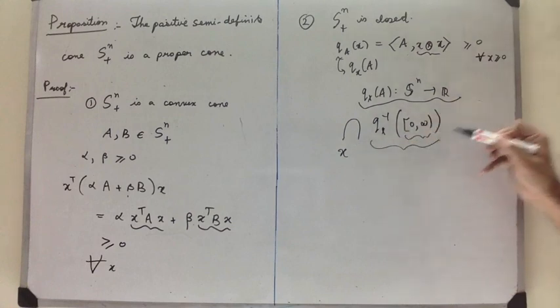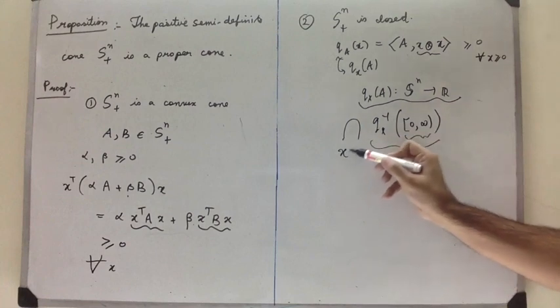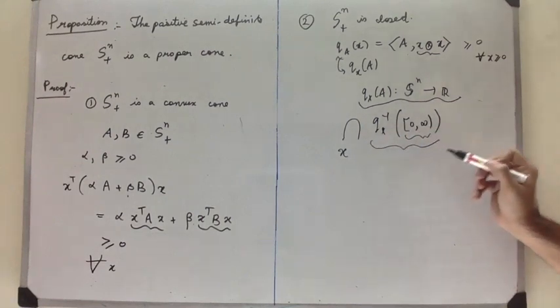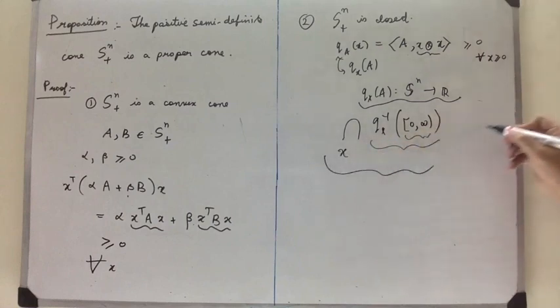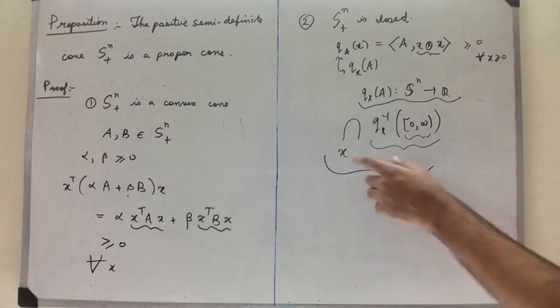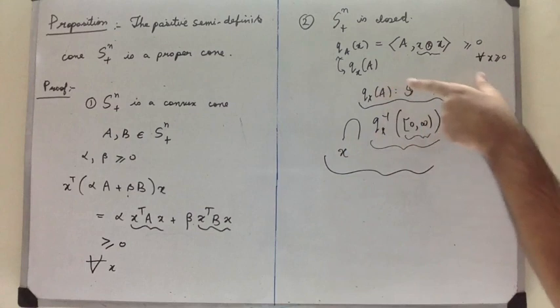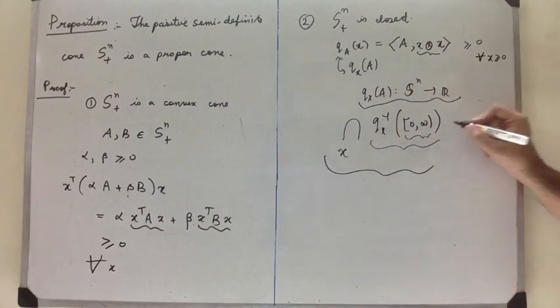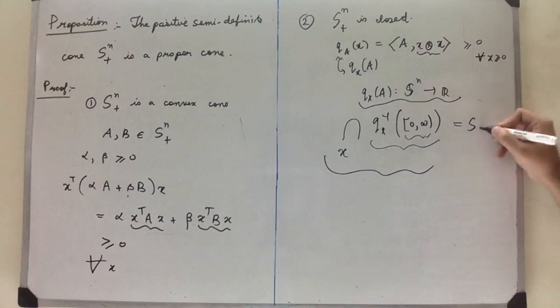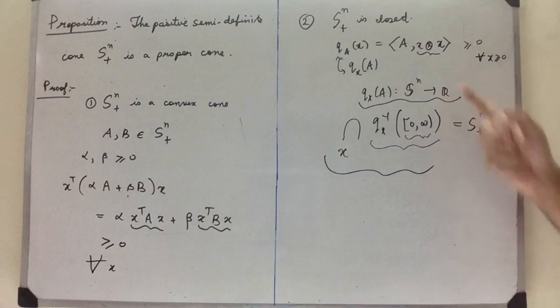And an arbitrary intersection of closed sets is closed. So you have that this whole set is closed. Now this whole set is the set of all matrices where Q_x of A is nonnegative for every x. Thus, in fact, this is the set of positive semi-definite matrices. So you have essentially shown that S^n_+ is closed.